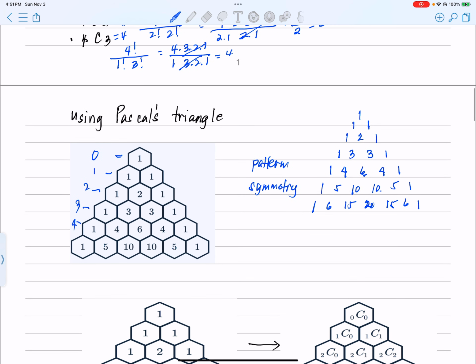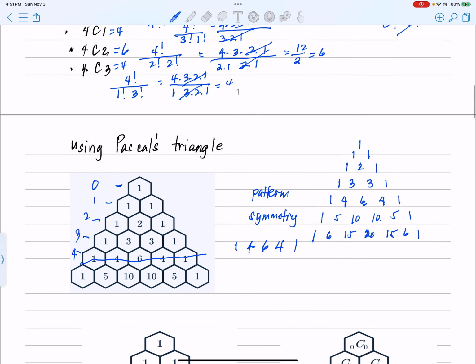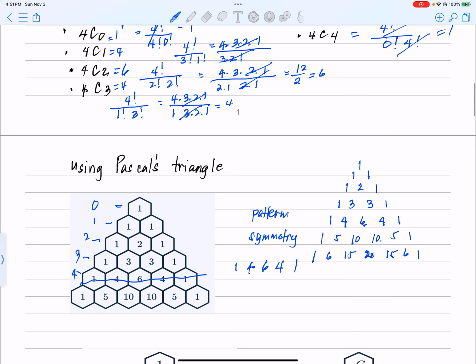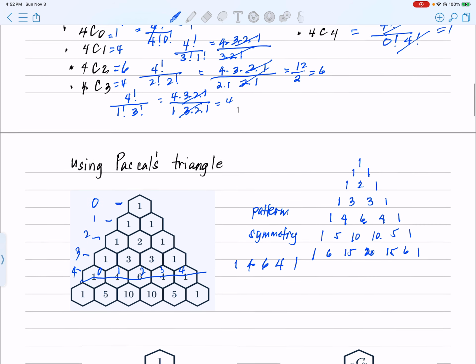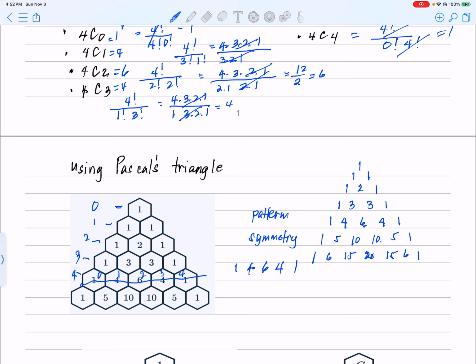So in the fourth row, we have 1, 4, 6, 4, 1. So that means 4 choose 0. When you count the terms, it will be 0, 1, 2, 3, 4. So there are actually 4 terms, but you can see 5 of them. But start counting from 0. So 4 choose 0 is 1.